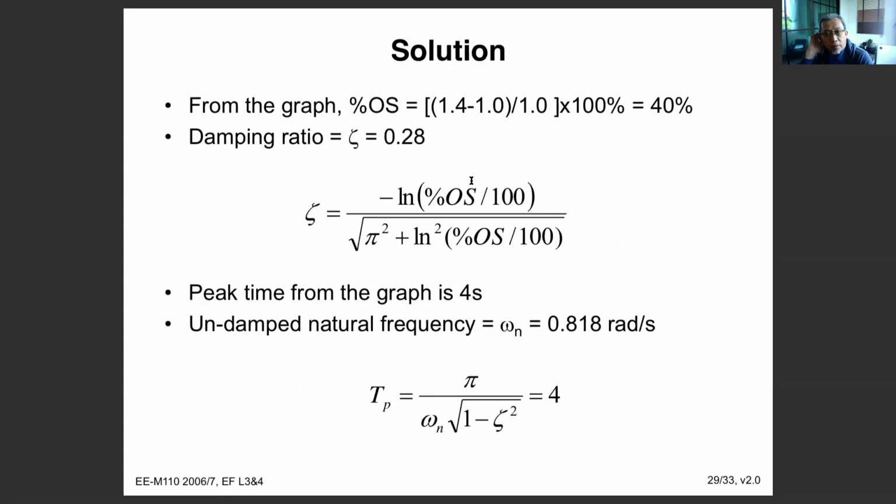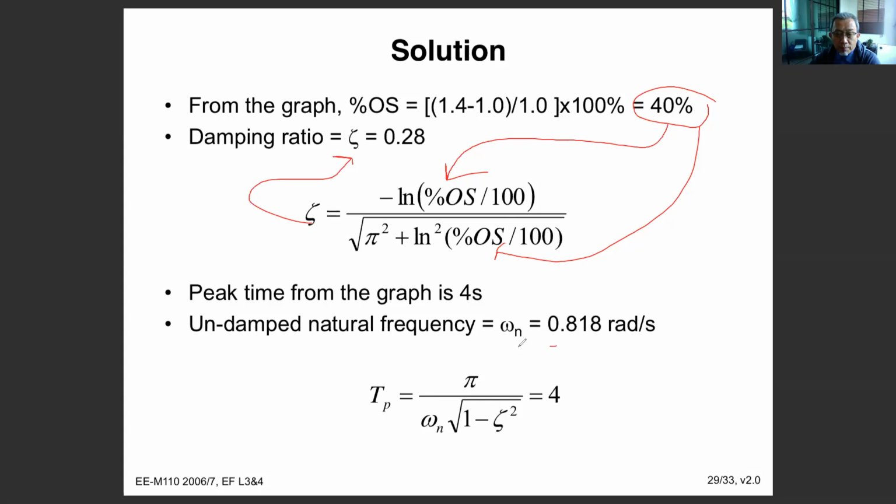So from the graph, you can see that the C max is 1.4. So 1.4 divided by 1.0 steady state, and the overshoot is 40%. This 40% will go into the formula of zeta to calculate the zeta, which is 0.28.